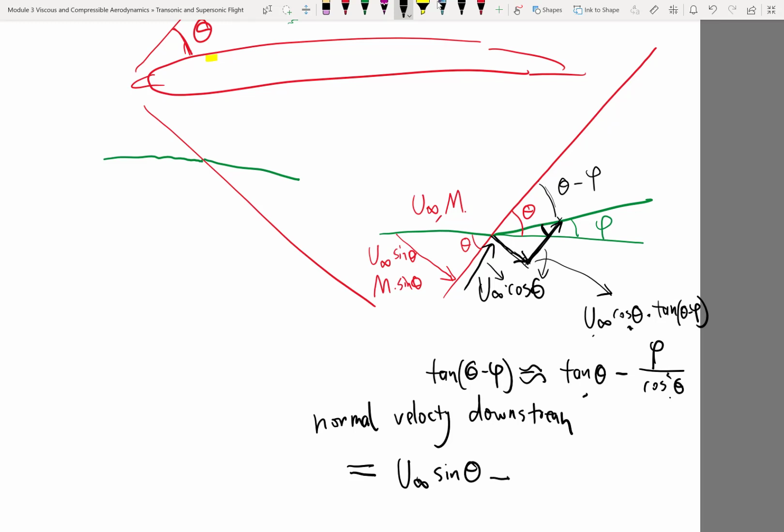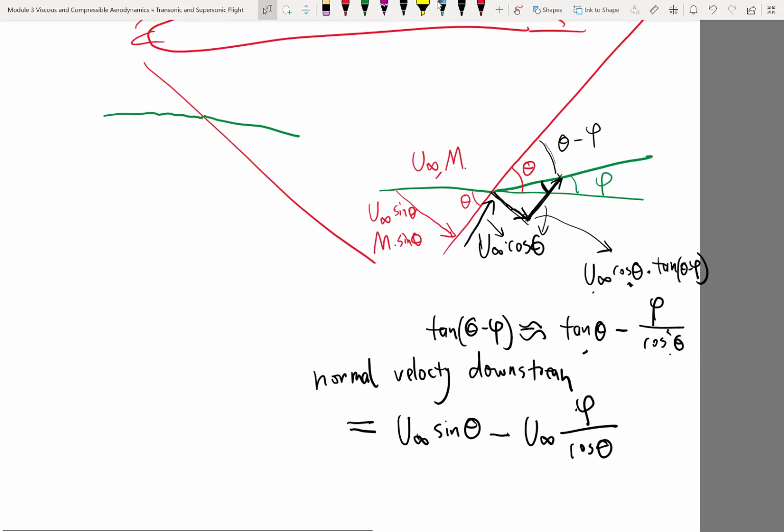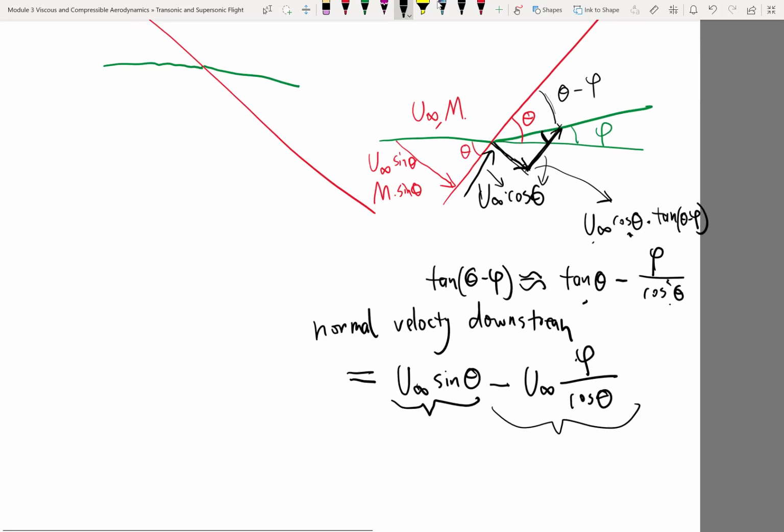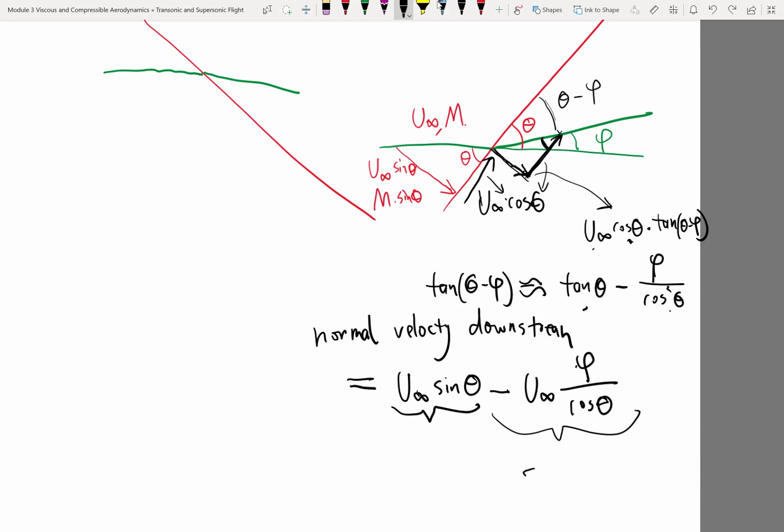So we have u infinity divided by cosine theta times phi, right? And in particular, this is the normal velocity before the shock. So this is exactly how much we have slowed down. This is the delta normal velocity. So how is that useful?